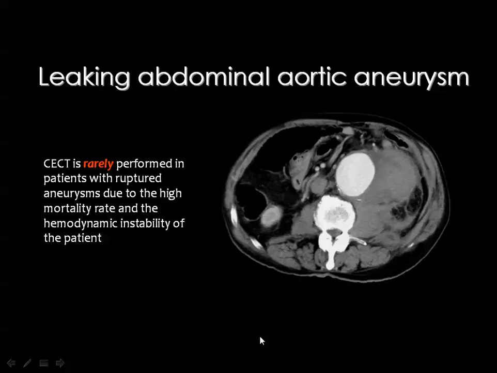And the diagnosis of leaking abdominal aortic aneurysm requires very rapid imaging techniques in order to confirm the diagnosis and to intervene to stop this leakage. And the availability of multi-detector CT has facilitated this very rapid imaging.